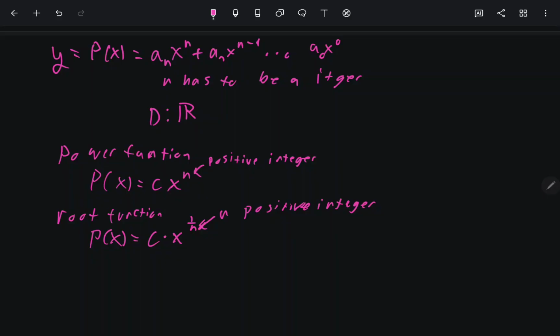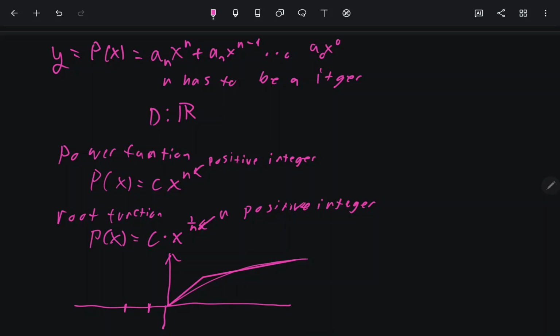So these are where you can start getting a restricted domain. For example, we're going to do our principal root function, which is the square root of x. It has no real values for negative x's.